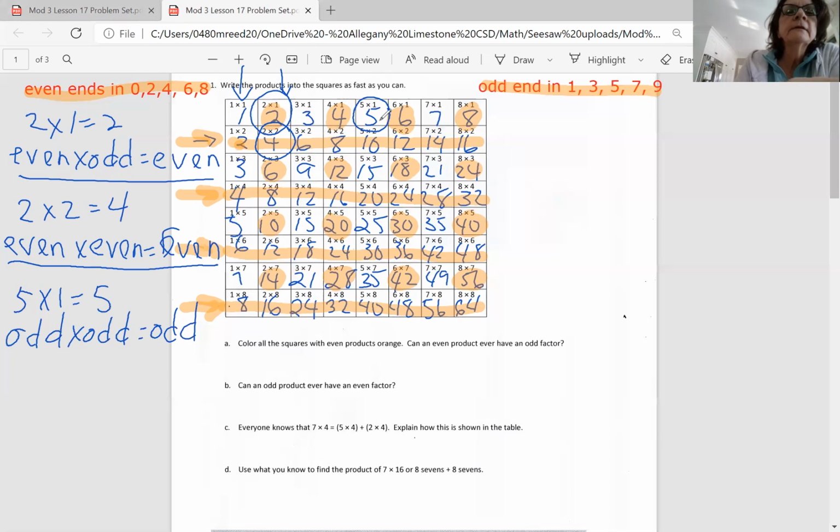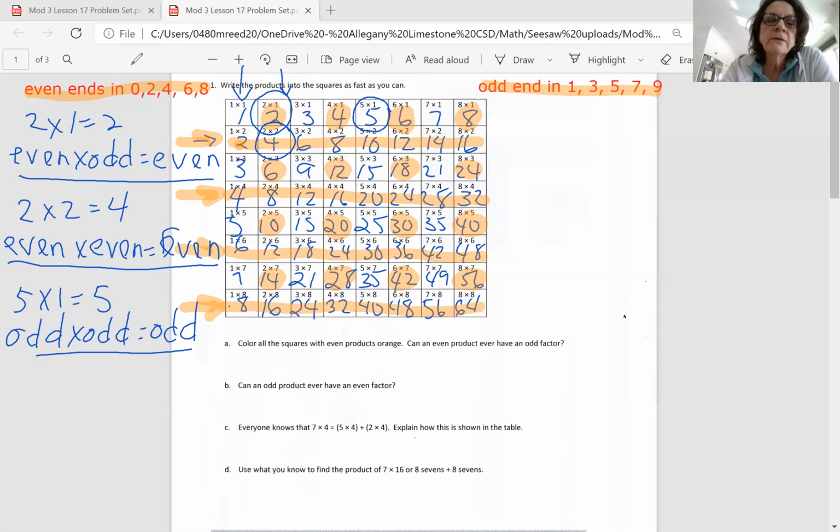Sorry, guys. I don't know why that's not letting me draw here. There we go. Odd times odd equals odd. All right. So what we want to remember here is these 3 patterns that I have written in the margin of our page. Even times odd equals even, even times even equals even, and odd times odd equals odd.